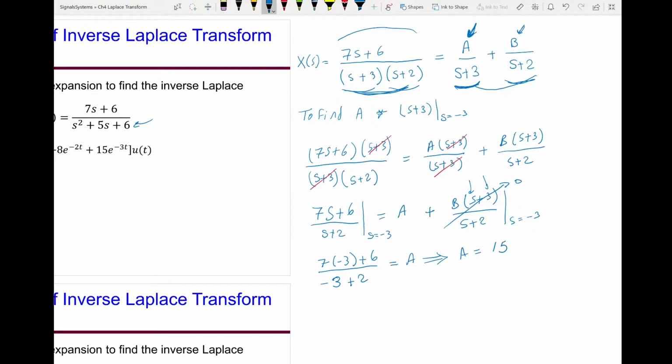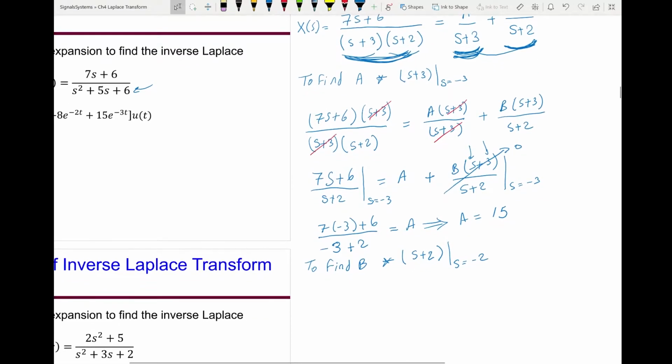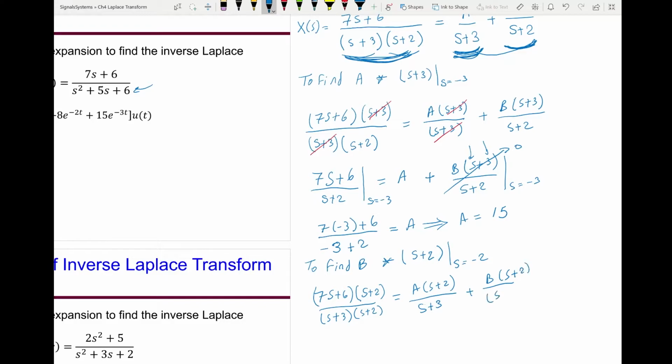Now, to find b, I multiply everything by its denominator, which is s plus 2, and then set s equal to minus 2. If I do this, then 7s plus 6 times s plus 2 divided by s plus 3 times s plus 2 equals a times s plus 2 divided by s plus 3, plus b times s plus 2 divided by s plus 2.